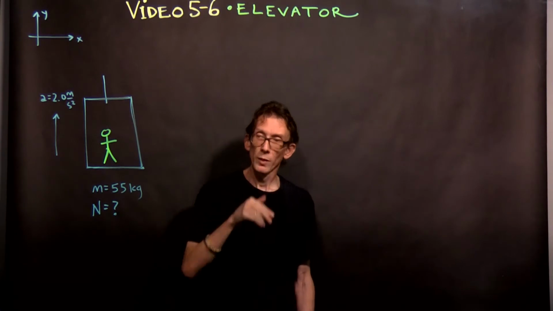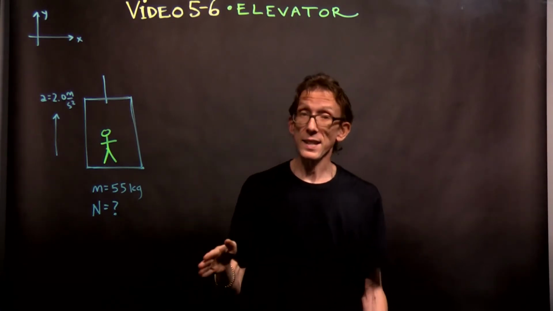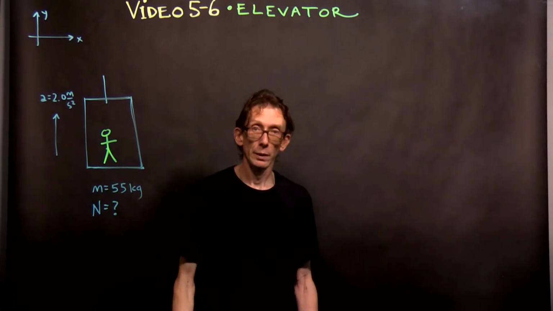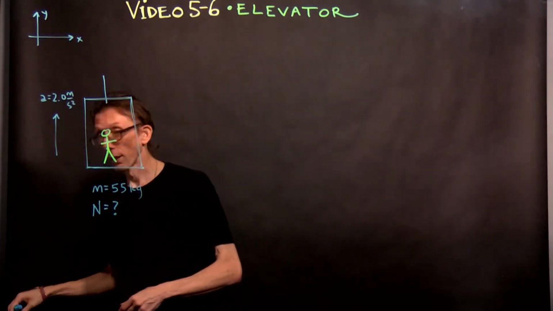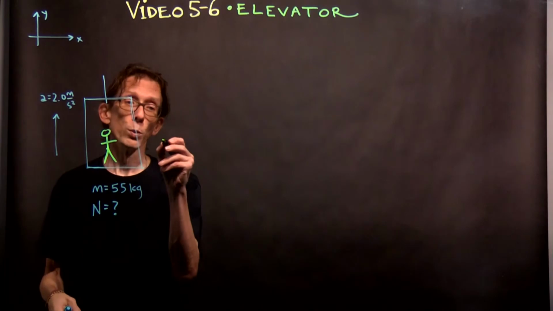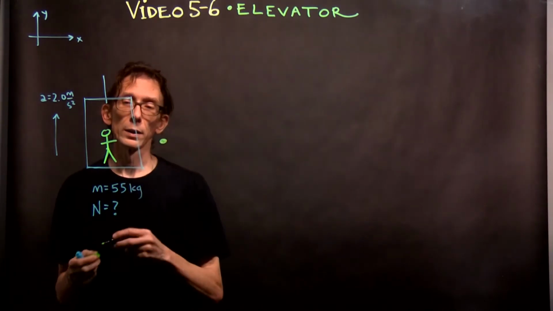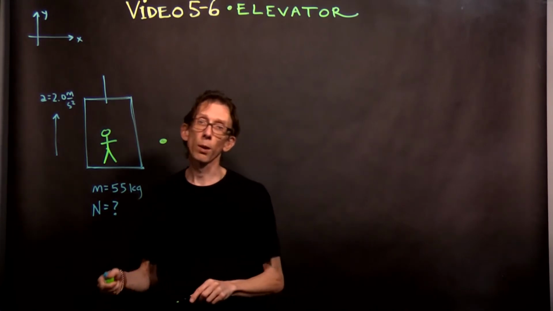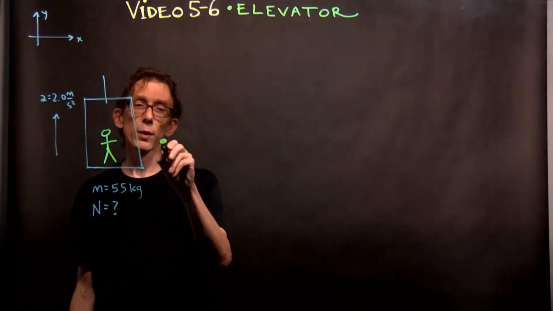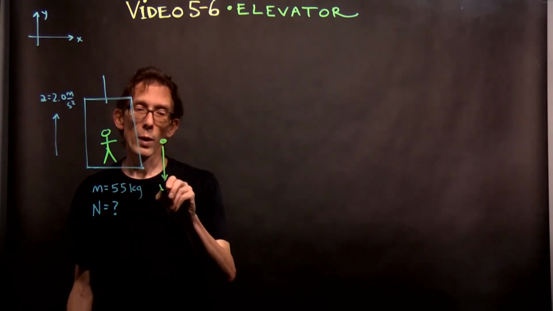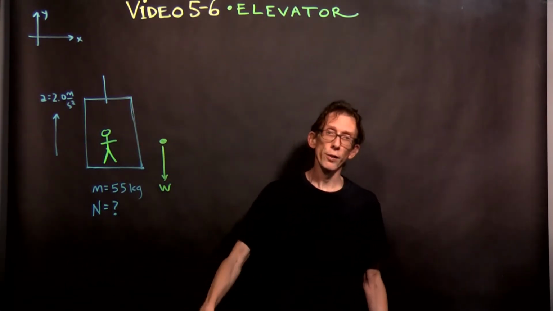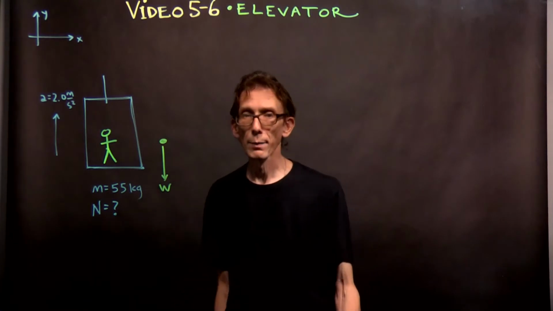Okay? Now let's see in this case if the normal force is equal to the weight, as it was for the coffee cup. Let's draw a free body diagram here. For you, you're riding on the elevator. There you are, condensed to a point. What forces are acting down on you? Well, as ever, the weight. As long as you're near the surface of the earth, you got your weight, you got your mg happening.